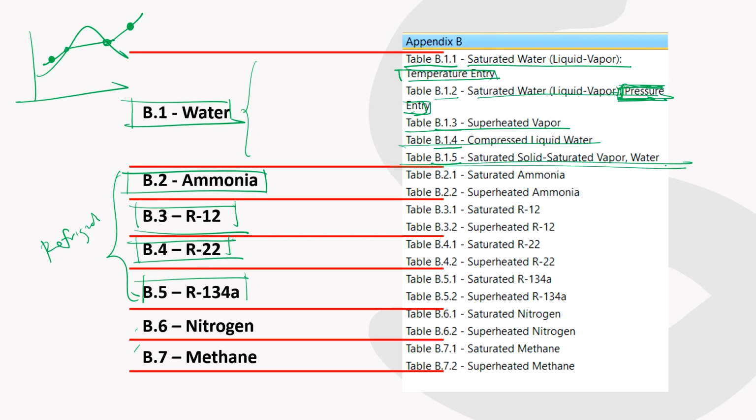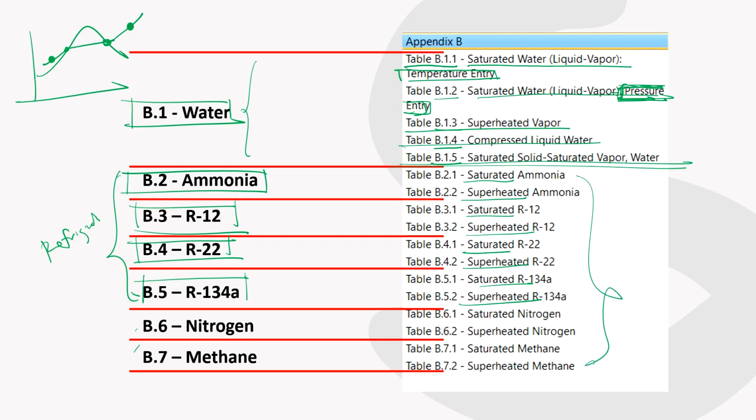But for the refrigerants, you will notice that the only available data is for saturated and superheated. Here in R12 we have saturated and superheated. For R22, saturated and superheated. So the only tables given here are saturated and superheated.